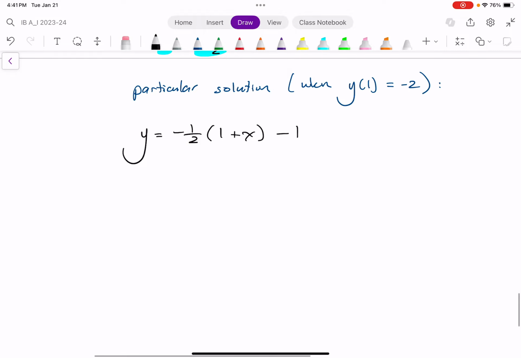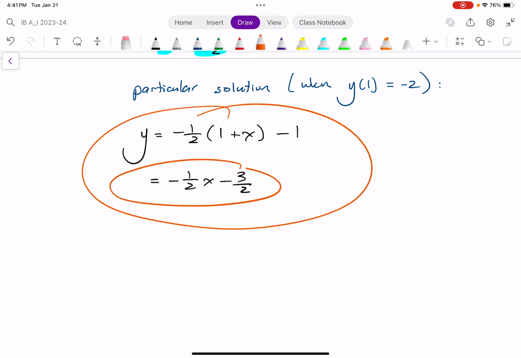If you want, it's not hard to distribute the -1/2. If I just combine like terms, I'll save the time. We get -1/2 x minus 3/2 if we just clean this up a little bit.